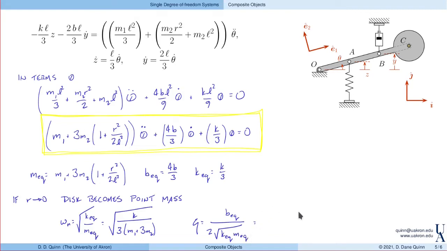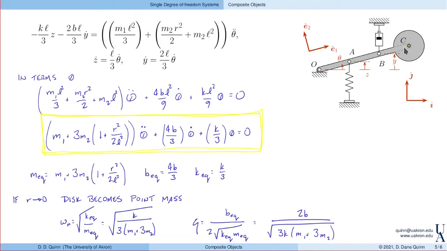And so we can write this, a little bit of algebra again, as square root of 3k times m1 plus 3m2. So here we see the effect of the size of the disk. And what happens if it becomes essentially 0 size? So just adding a lump of mass out here.